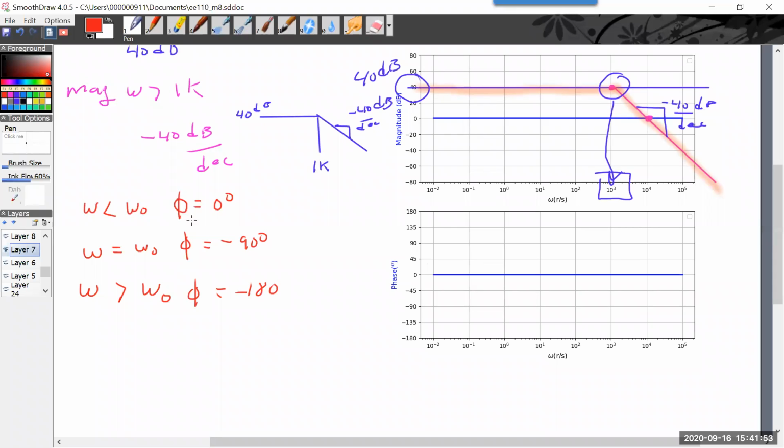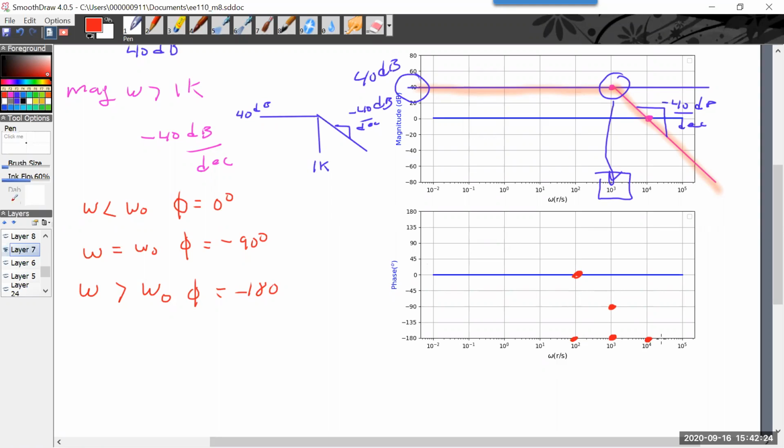Now we really have one repeated pole at 1,000. There's our 1,000. We need to go a tenth. We need to go a hundredth. So that gives us our points. When we're below a tenth of the pole, it's going to be 0. When we're at the pole, we're at minus 90.